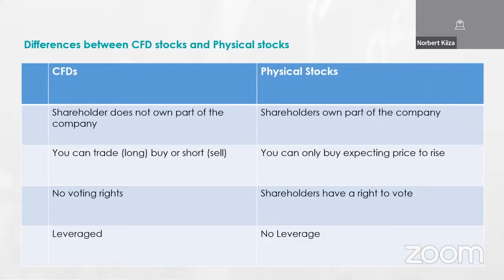The other difference is that you can trade both a long position, which is a buy, or a short position, which is a sell, when you're trading contracts for difference. And this is one of the main advantages of trading contracts for difference.